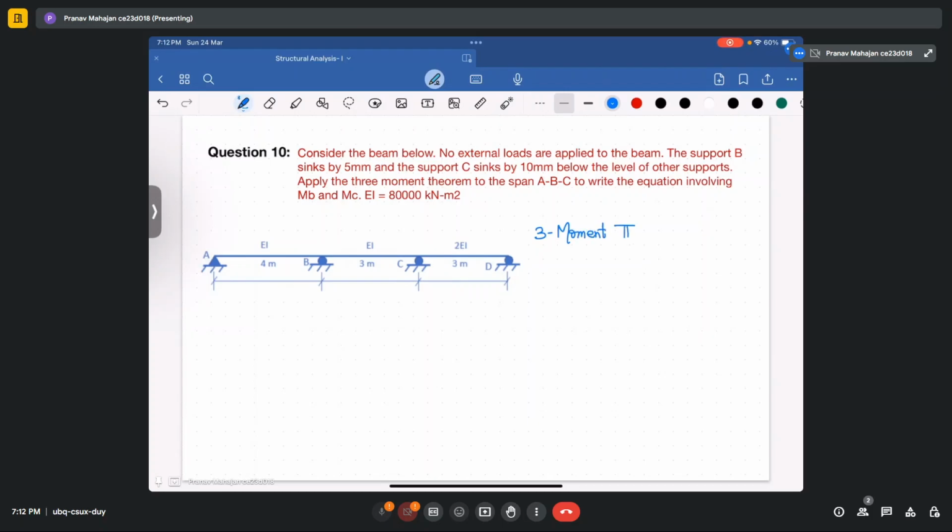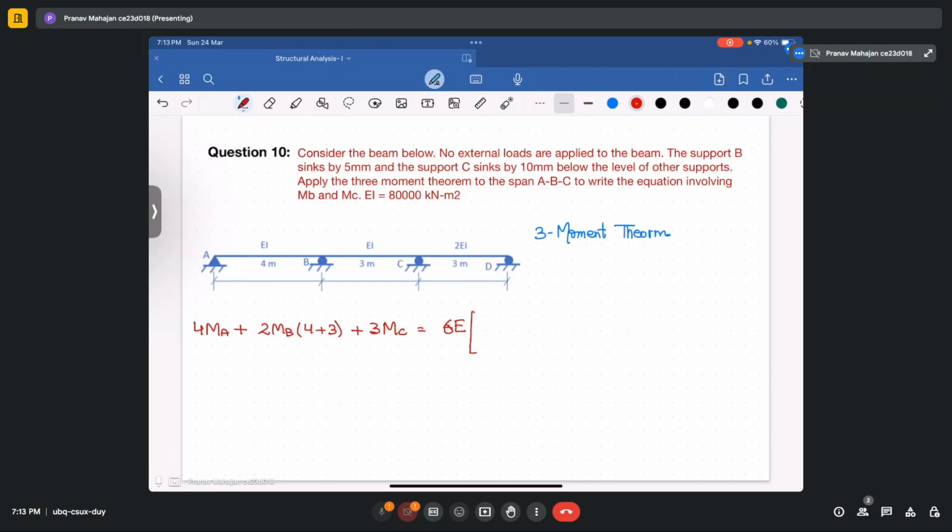So here for span ABC, your three moment equation will be 2 into MA into 4, but that will be equal to 0, plus 2 into MB into 4 plus 3 plus 3 into MC, and that is equal to minus 6E into relative displacement.